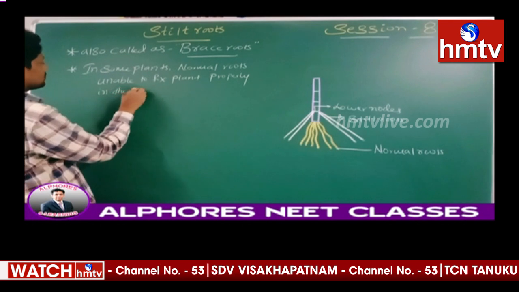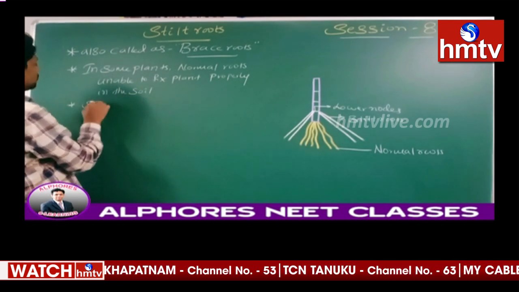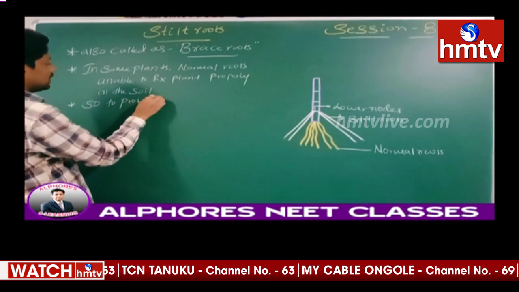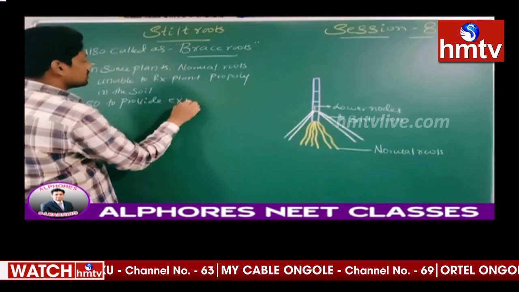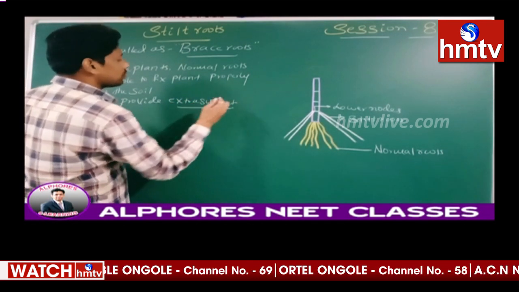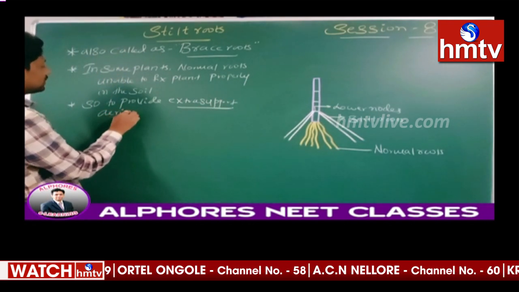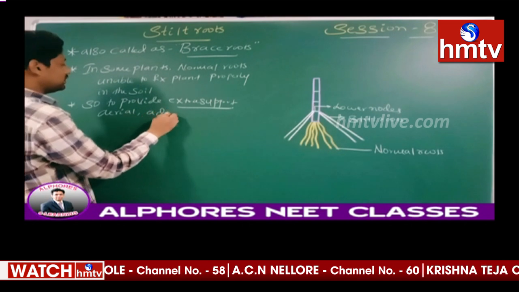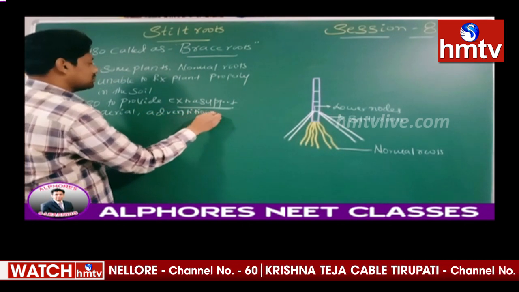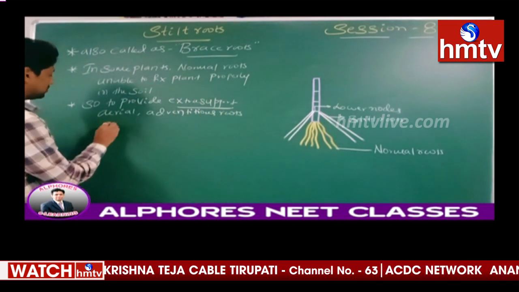In the soil. So to provide what, sir? To provide extra support, meaning additional support, right? So to provide extra support, what are developed, sir? Aerial adventitious roots are developed.